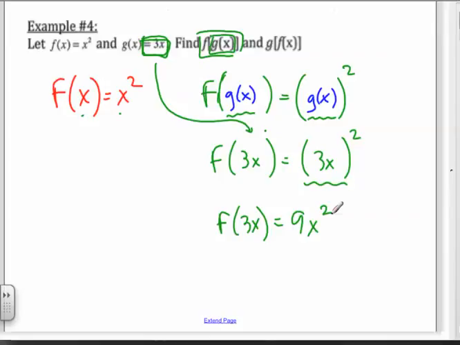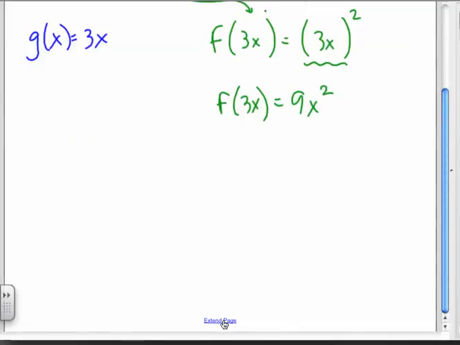Let's leave that there for the moment, because they're asking us to do it again, but for the other one. In the other one, they started us off with g of x is equal to 3x. But what we want you to do is g of something else, not g of x.